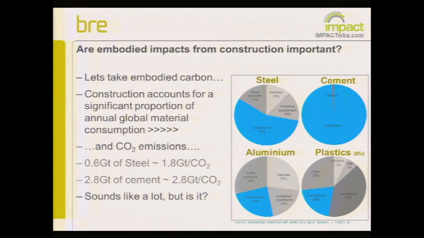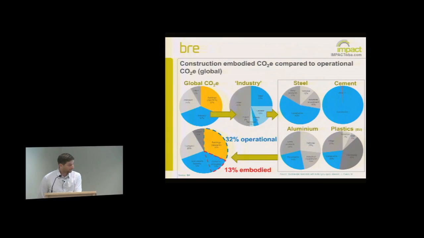So a considerable amount of all of the materials we produce under these headings goes into buildings. In terms of CO2, and this is globally, not just the UK, you're looking at 1.8 gigatons of CO2 or 2.8 gigatons of CO2 for cement, which I don't know if you can picture that. I certainly can't, so perhaps we should try and compare it to something else.